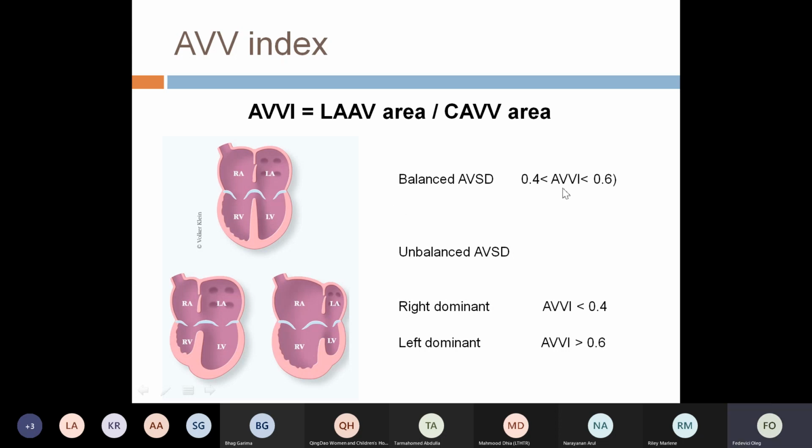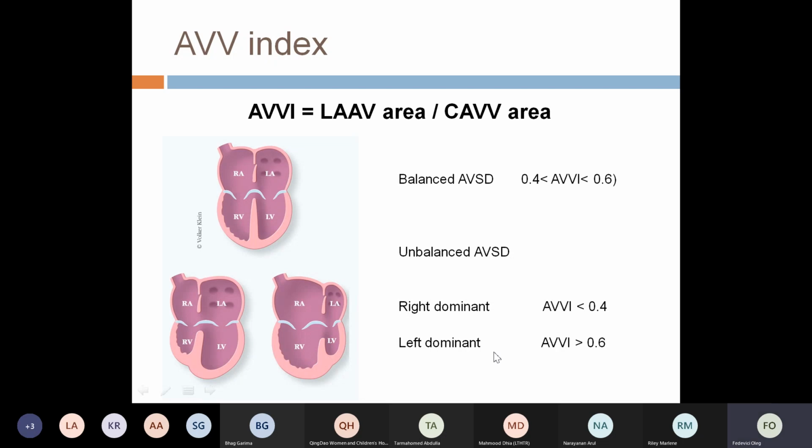So if you've got it between 0.4 and 0.6, it means it's definitely balanced AVSD. And if it's less or more, it means it's right dominant or left dominant AVSD.